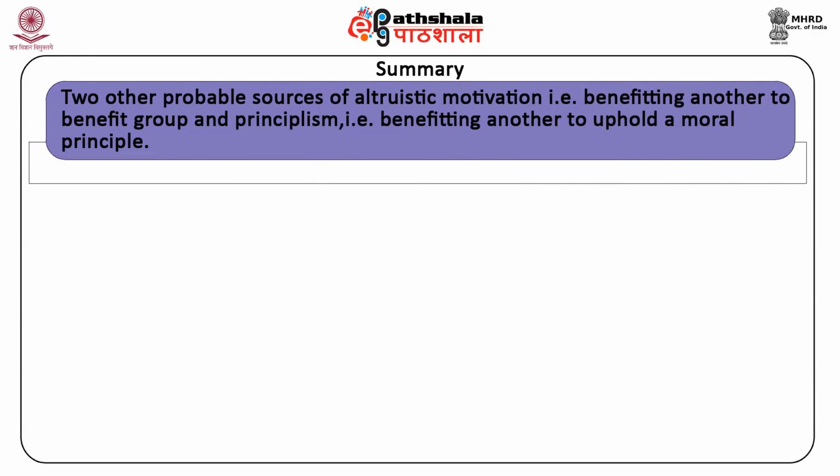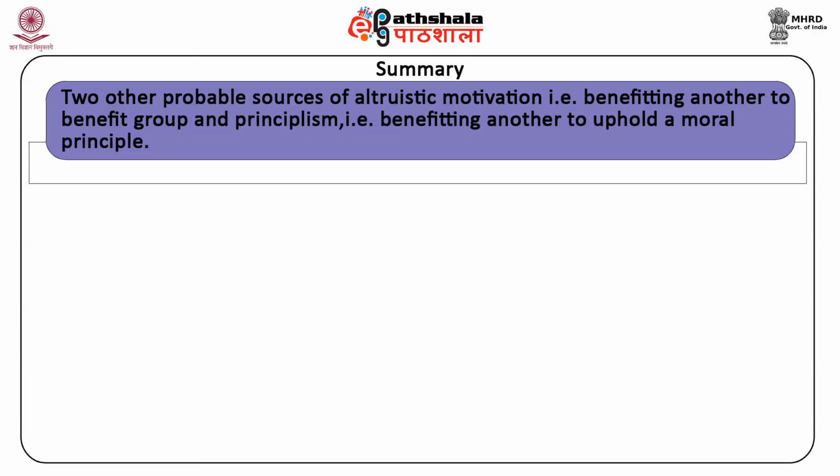Two other probable sources of altruistic motivation have also been brought into light: collectivism, that is, benefiting another to benefit a group, and principalism, that is, benefiting another to uphold a moral principle.